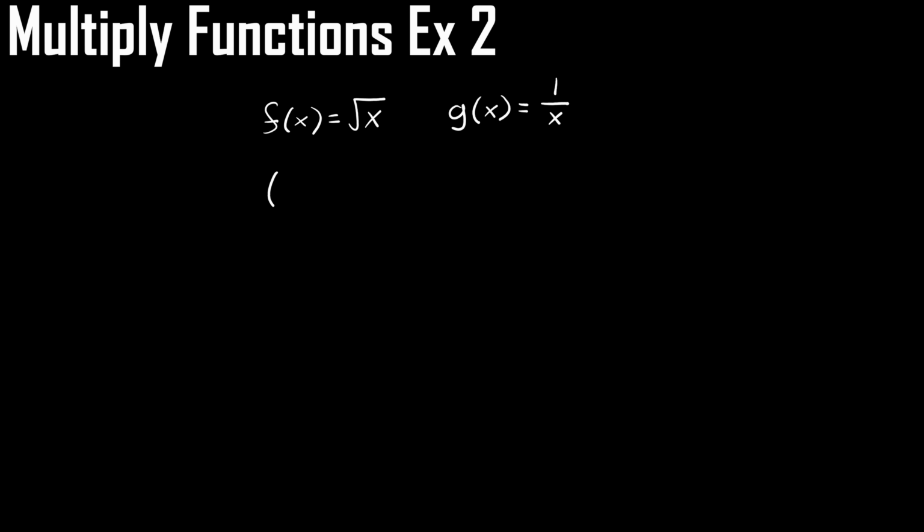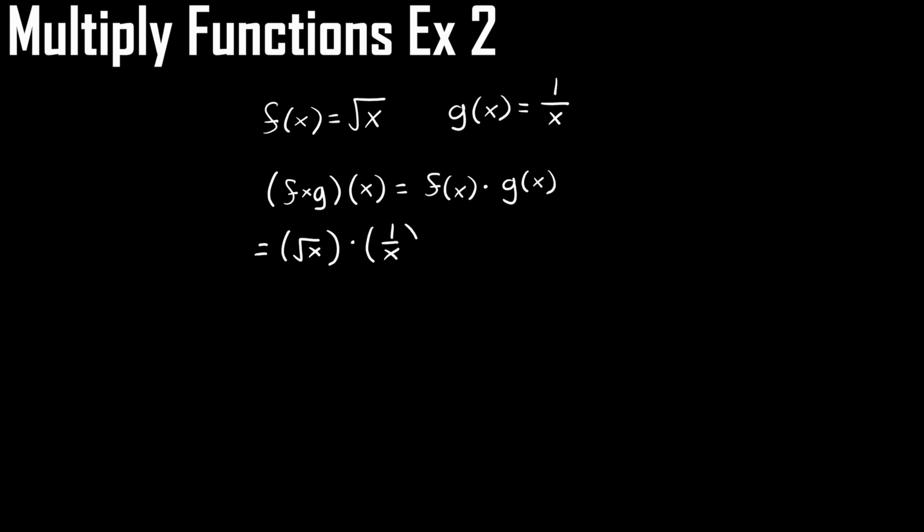And we want to find f times g of x, which equals f of x times g of x. So we'll start by plugging in our functions. So f of x is the square root of x, and g of x is 1 over x. Now simplifying this, we're going to get 1 over the square root of x.